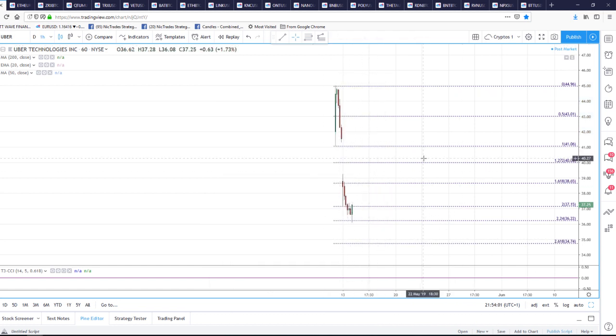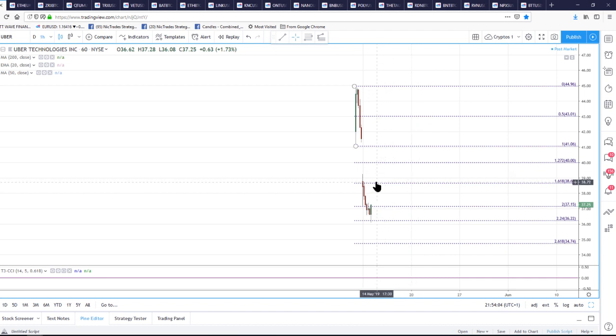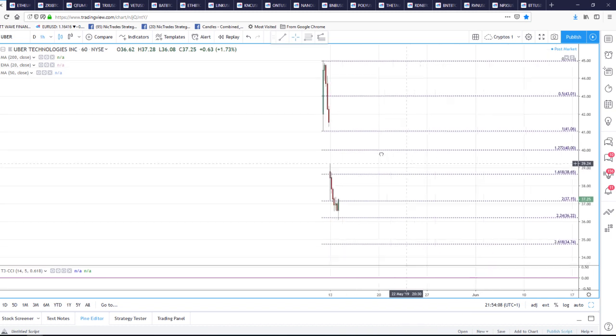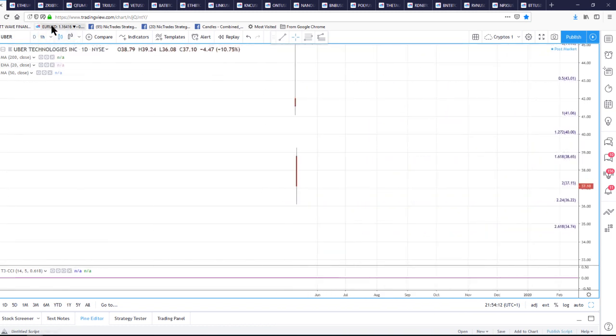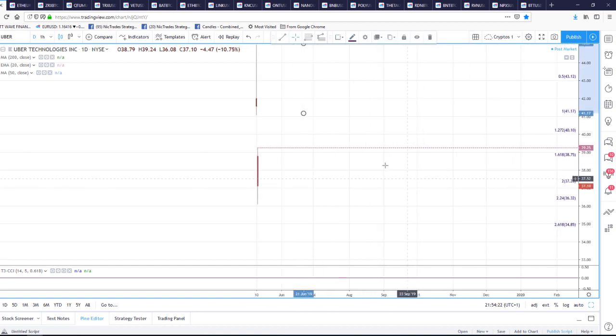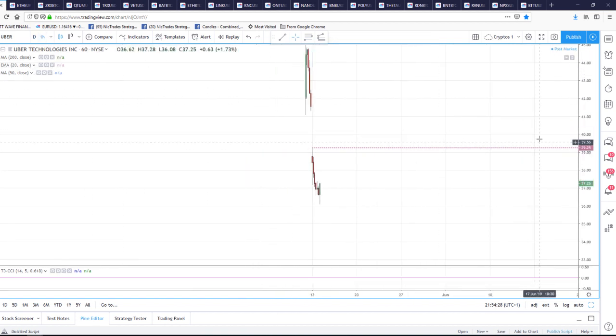So there's a kind of good rule about gaps. I like to see gaps filled really quickly or they become resistance and you won't fill them. So unless we fill this gap in Uber quite quickly, that gap will be resistance for quite a long time, at 39. So Uber, we are starting to see a bounce, so we'll do the same rule, okay?